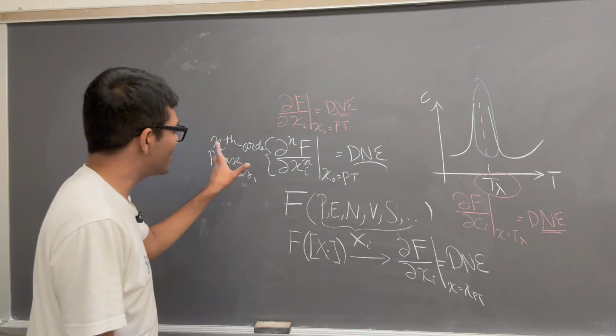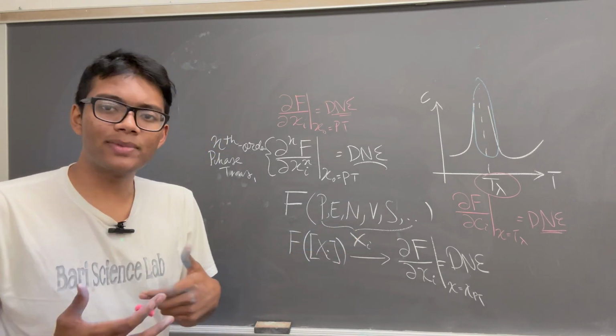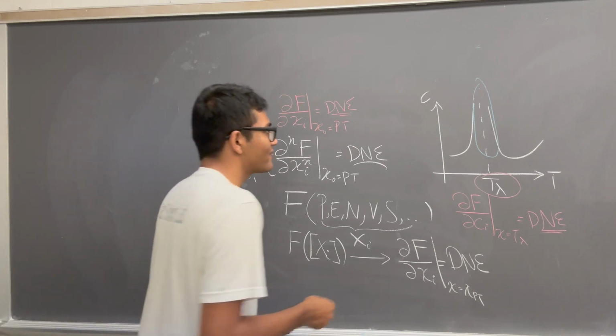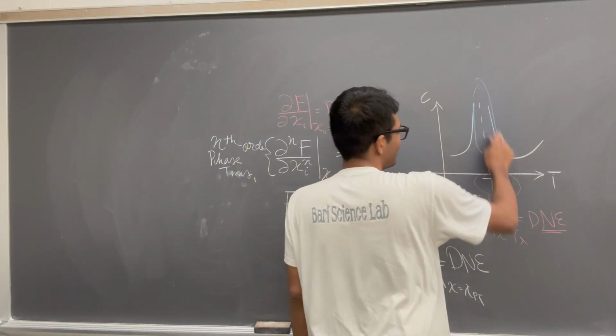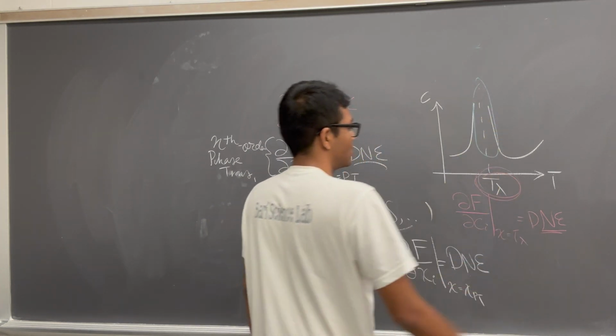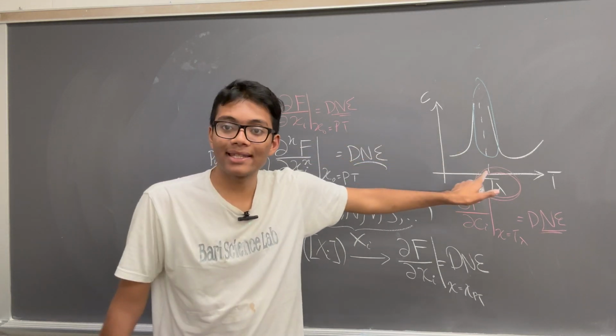So the Ehrenfest classification of phase transitions is not really a descriptive or honest way of describing phase transformations. Instead of saying that there's a discontinuity, we should really be saying that there's a divergence of the observable quantity, for example, heat capacity, at the critical temperature.